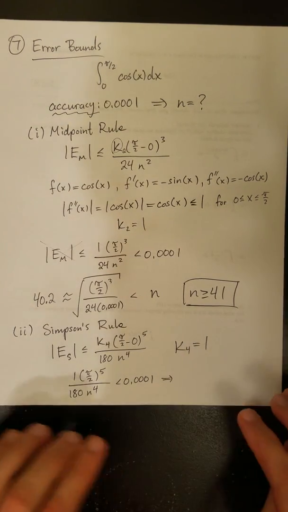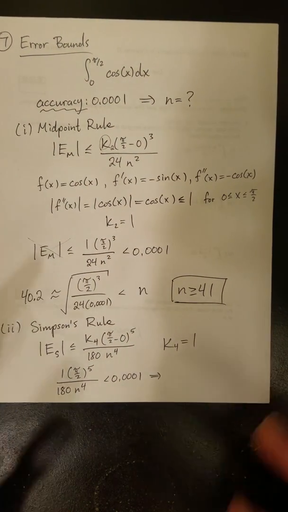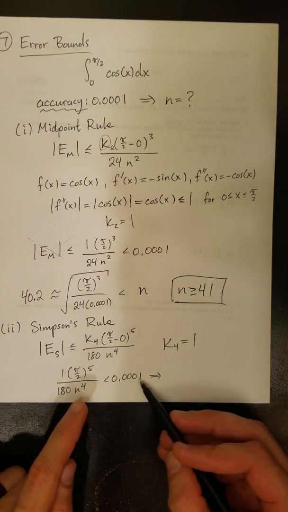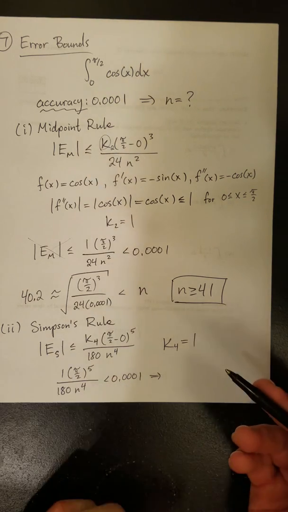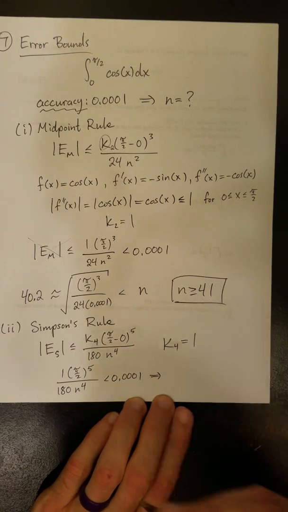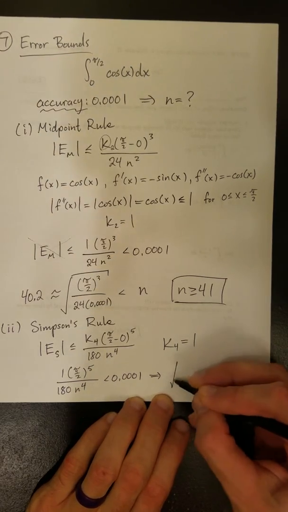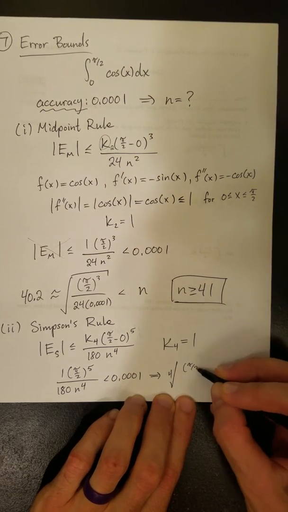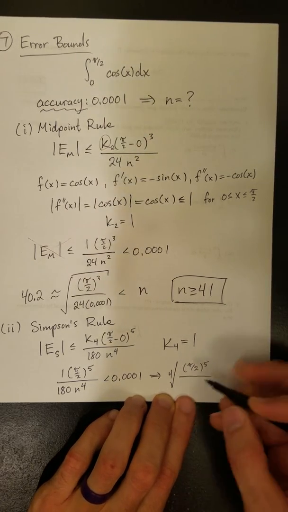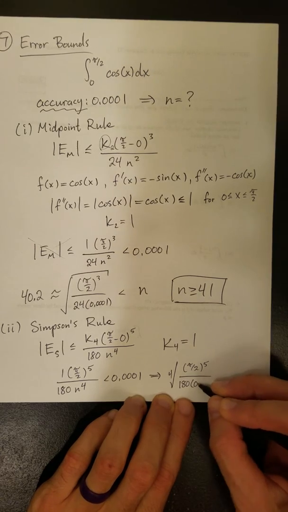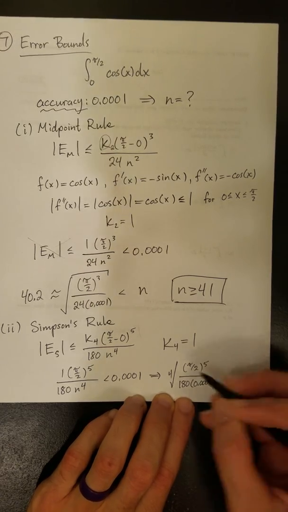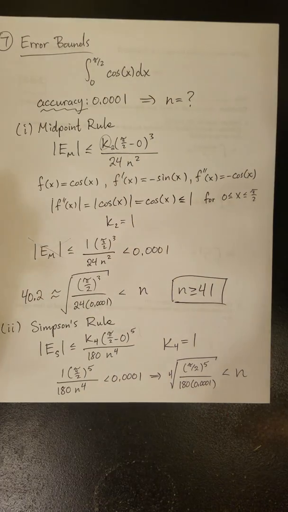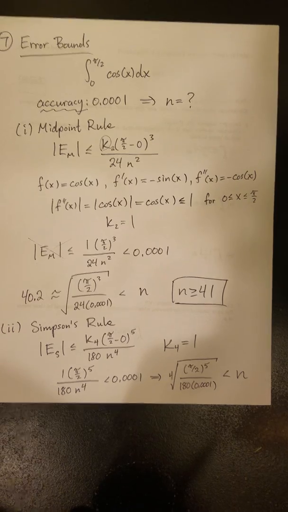And so to solve for n, we basically go through all the same steps: divide by that 0.0001, multiply by n to the power 4, and then take the fourth root. So what we'll end up with is the fourth root of (pi/2)^5 divided by 180 times 0.0001, and then this needs to be less than n.